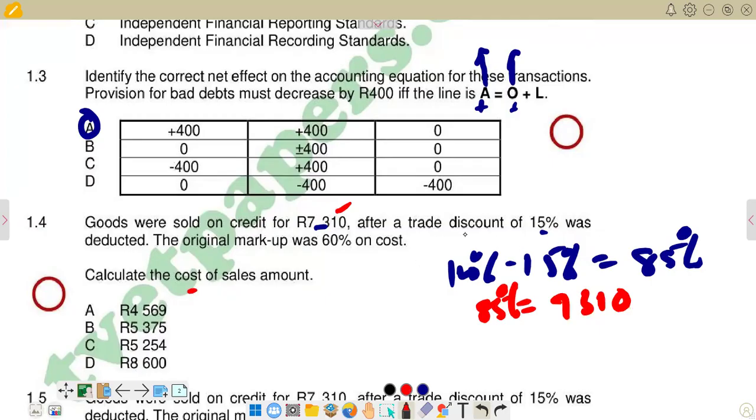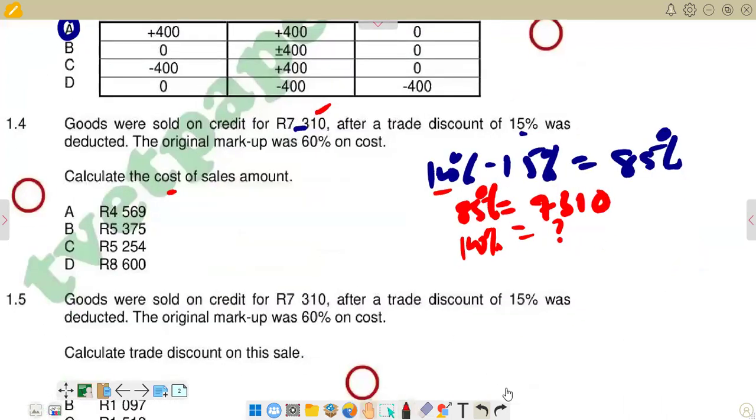And remember, the cost price is always 100%. So the figure that we are looking for is 100%. So we can just make a proportion there. Remember, this is 7,310. By making a proportion, we make what we don't have the numerator, and what we have the denominator, and then we multiply by the given figure, which is 7,310.